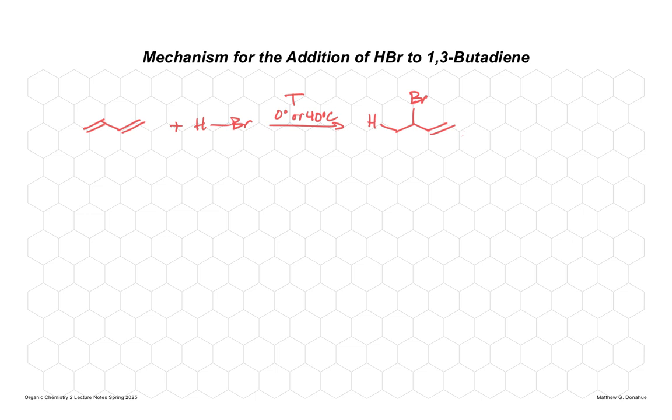So there's the 1-2 addition, and here is the 1-4 addition. We put our lone pairs in on bromine. We can say that's delta minus, hydrogen's delta plus.